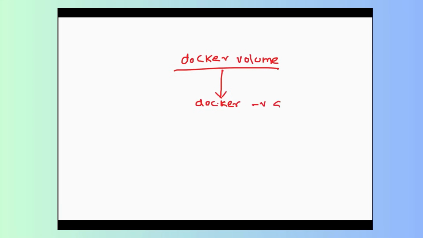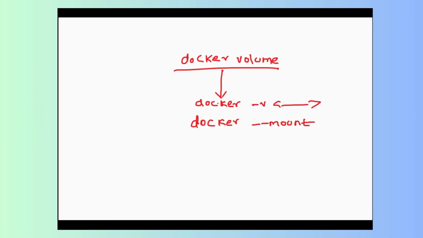Now, there is one common misunderstanding across Docker volumes. If you go to some documentation, you would see somebody would do docker run with -v and pass a bunch of arguments for volumes, and in some places you see docker run with --mount.